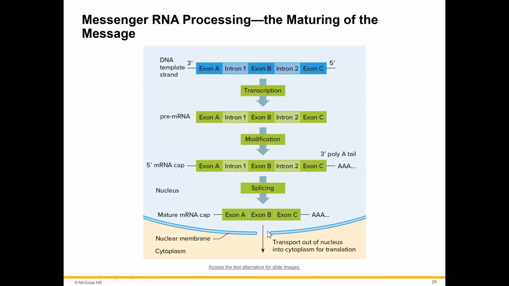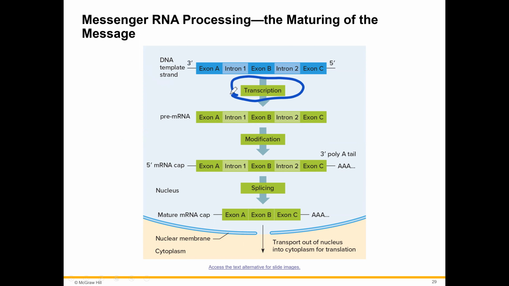So here's the entire process that we just described. We started with DNA, and we need to make mature mRNA, and this mature mRNA needs to leave the nucleus. Shown in blue is the nucleus, and this is the cytoplasm. DNA has two strands, and one of them is the template strand.